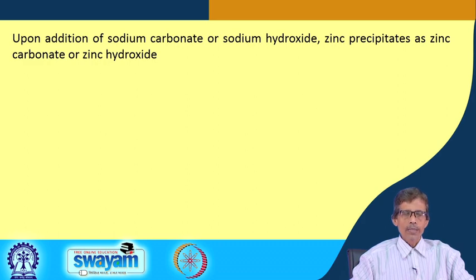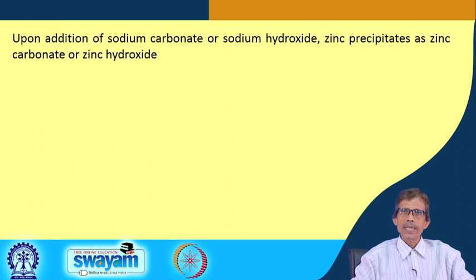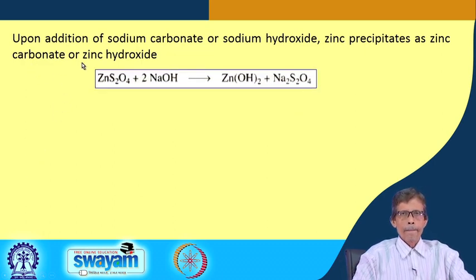On addition of sodium carbonate or sodium hydroxide, zinc will be precipitated as either zinc carbonate or zinc hydroxide, because in alkaline medium the Zn2+ present with the dithionite will react with the carbonate anion or the hydroxide ion, giving precipitates which are highly insoluble, because the solubility product values are very low. So, immediately they separate from the reaction medium as precipitate.